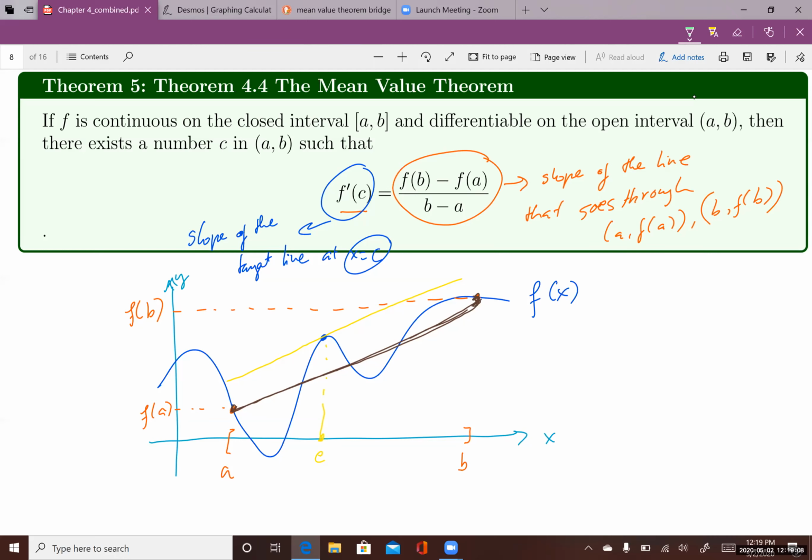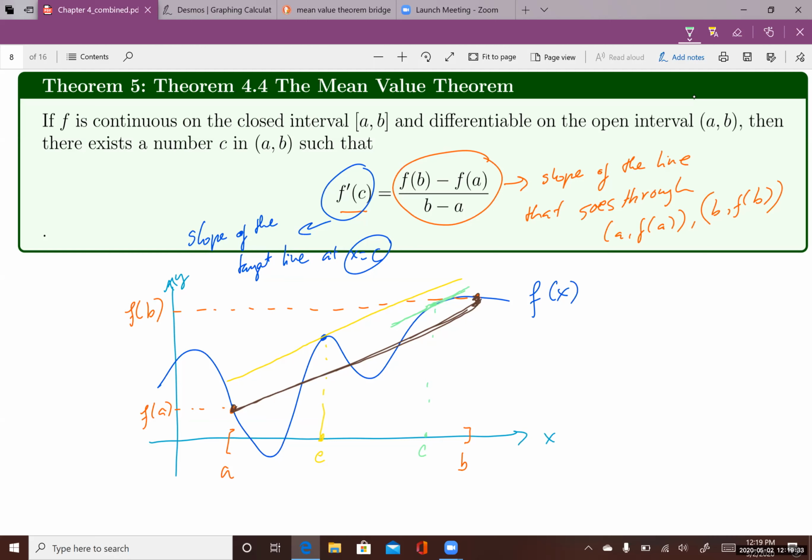This point looks promising here. So if you pick this point and then you draw a tangent line, it goes through this point. The tangent line is parallel to this line. So you found another point. Then there's more than just 1 point that satisfies the mean value theorem.